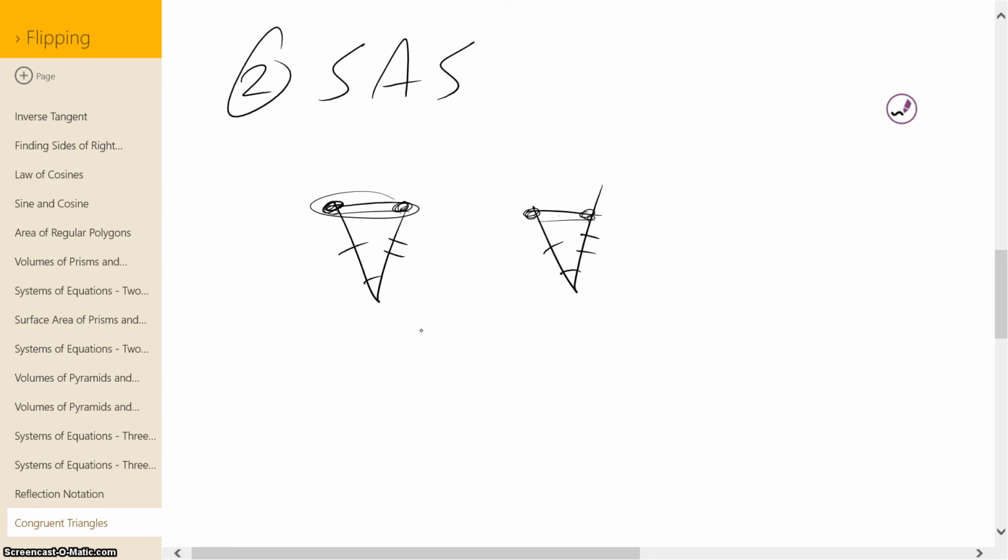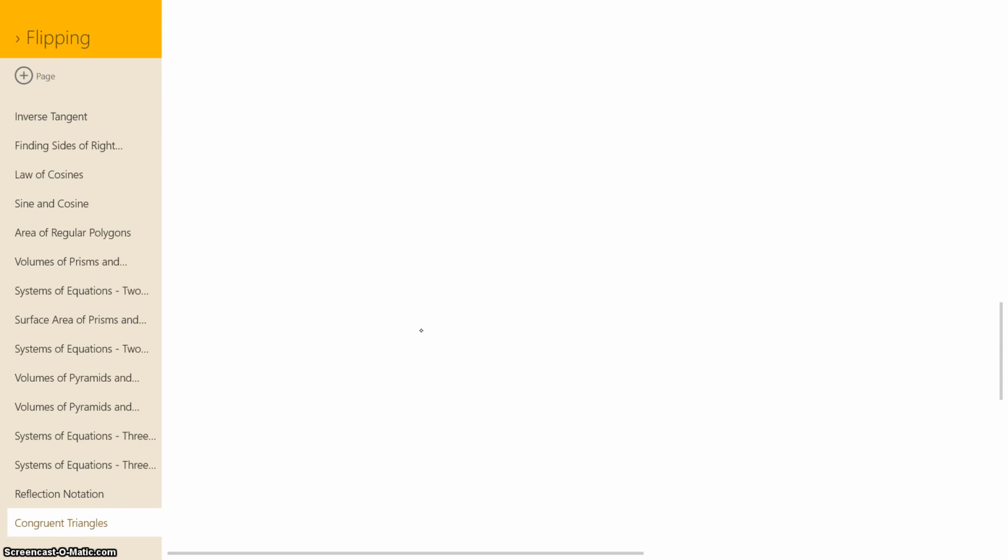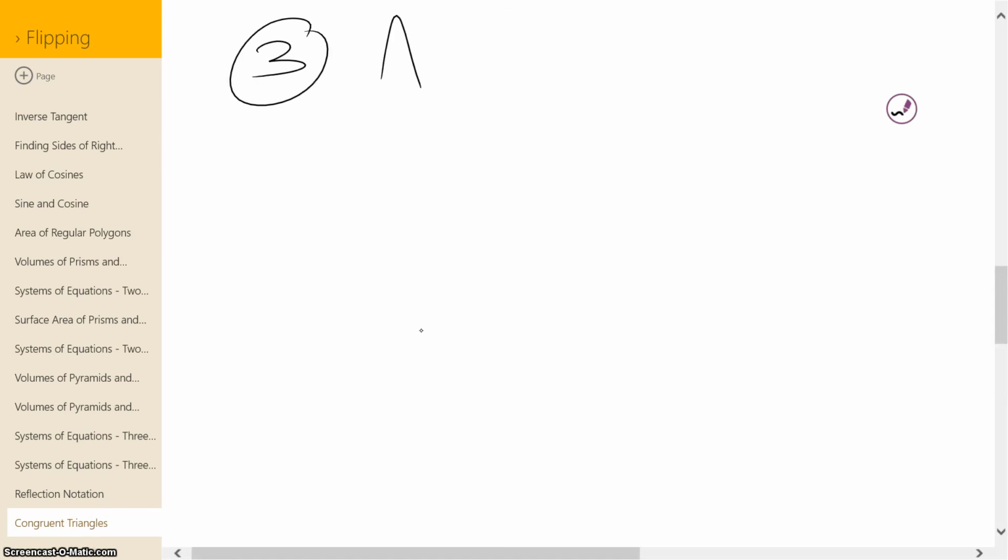There's only one way to connect the endpoints of the sides to each other. So side angle side is another way that you can prove that two triangles are congruent if you have that information.